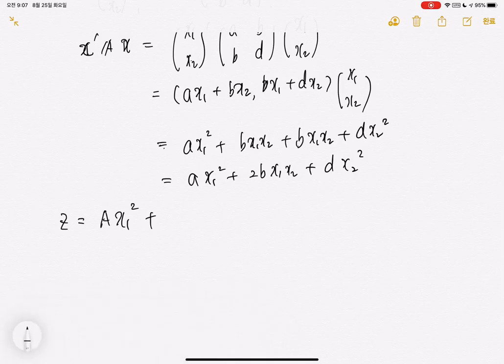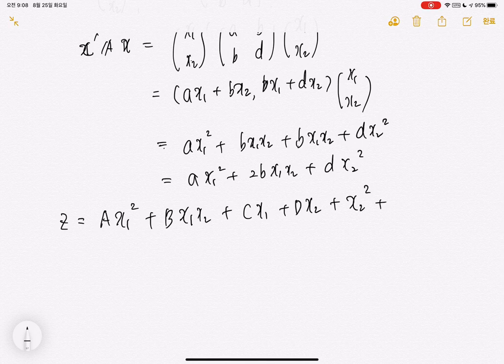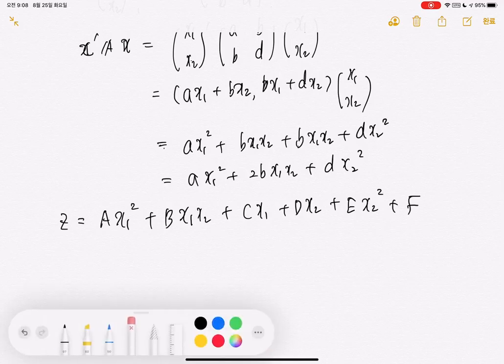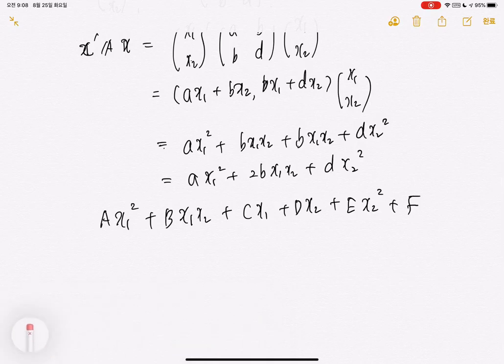So A x1 squared plus B x1 x2 plus C x1 plus D x2 plus E x2 squared plus some constant F. So the most general form of a bivariate quadratic equation is this.